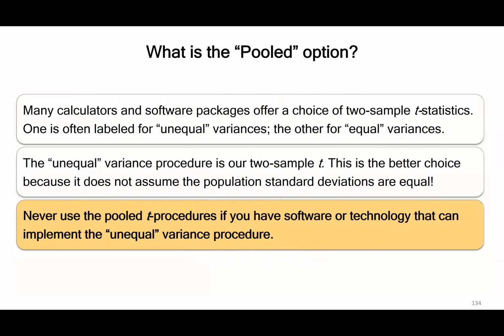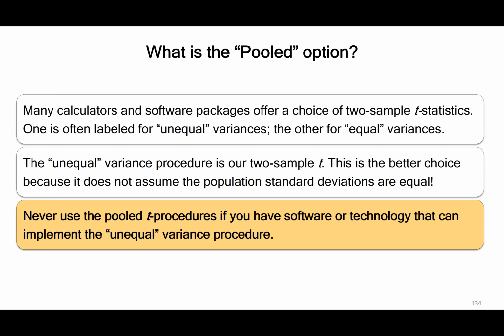So, what is that pooled option? If you select yes, it's saying we want to assume that the standard deviations of population 1 and population 2 are exactly the same, and the calculation's a little bit different. It works really well if the population standard deviations are equal or really close to each other. But if they aren't really close, it does not work well.